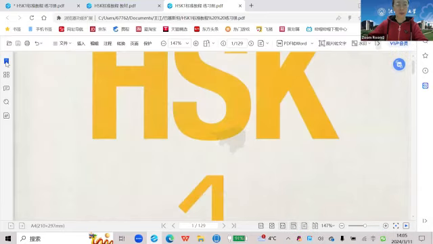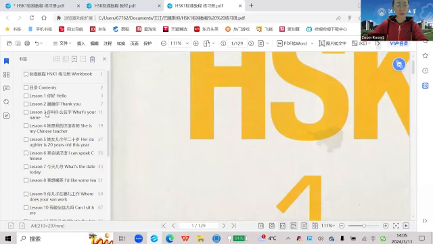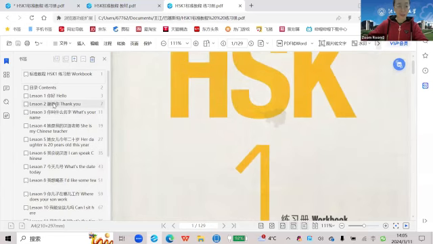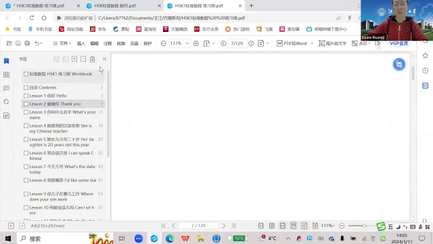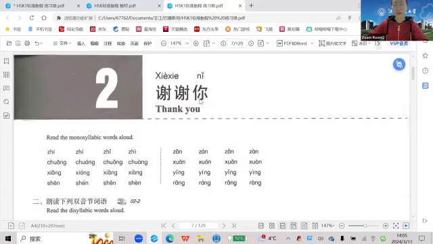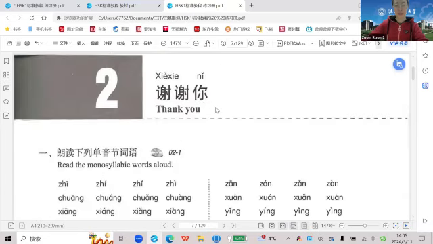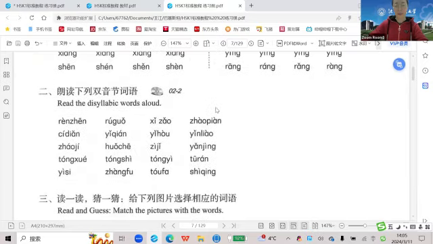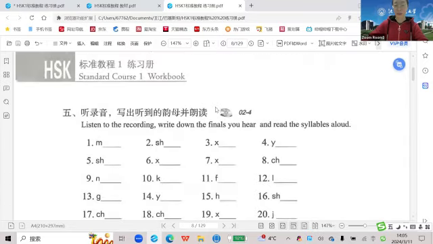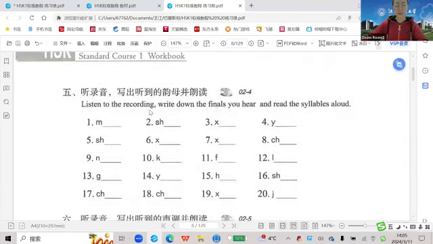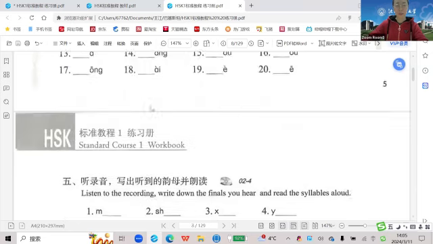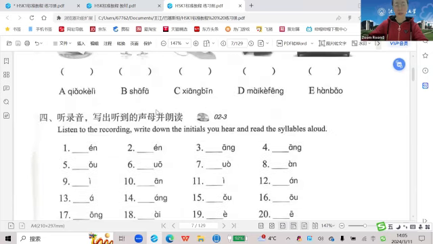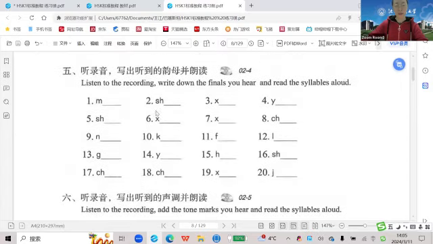And after we have finished the exercises of lesson 2, we'll start to learn the new lesson, lesson 3. So let's continue. We have finished exercise 4, right? Let's continue from exercise 5.